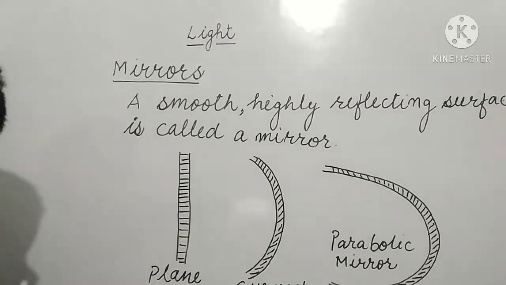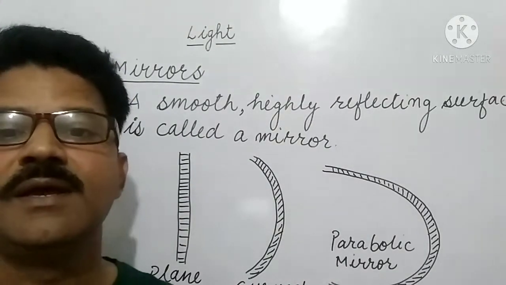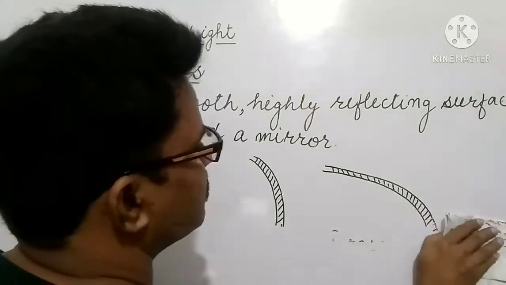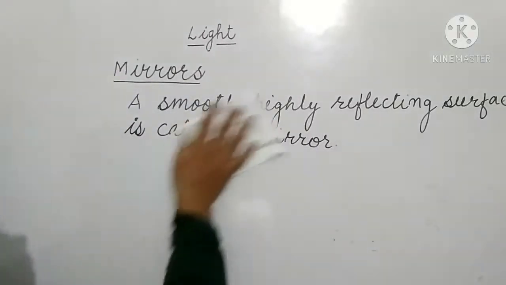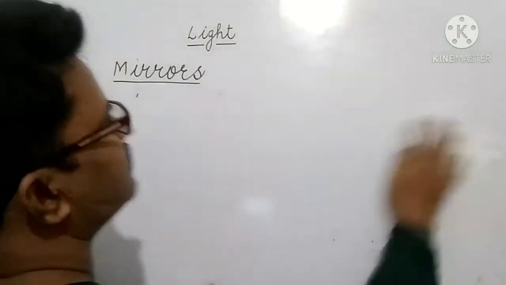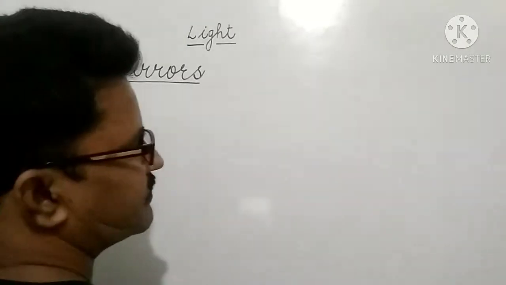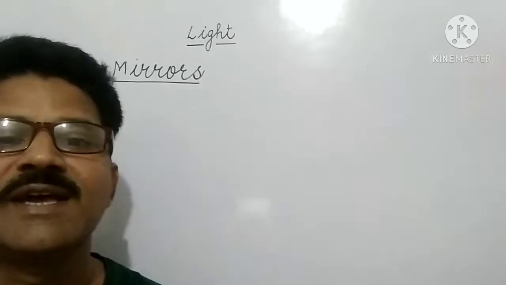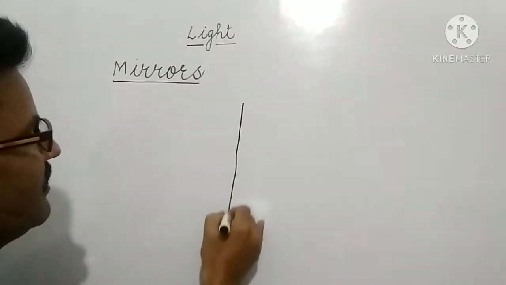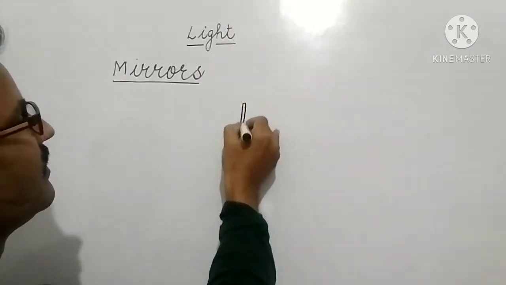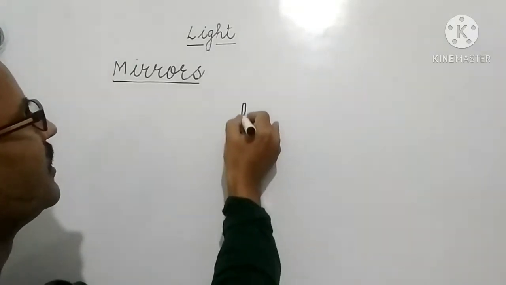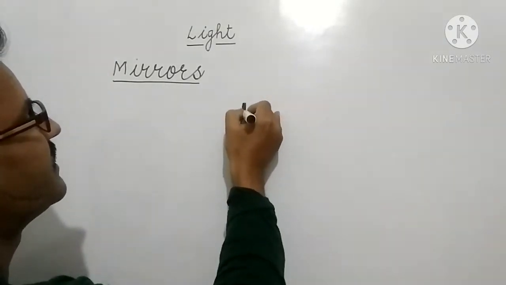Now, how can we get a plane mirror? A plane mirror can be obtained by silvering one side of a glass sheet. Suppose this is the glass sheet. This glass sheet is transparent.